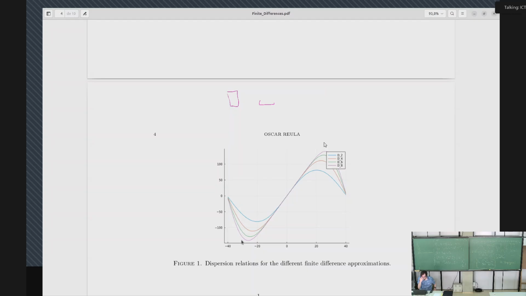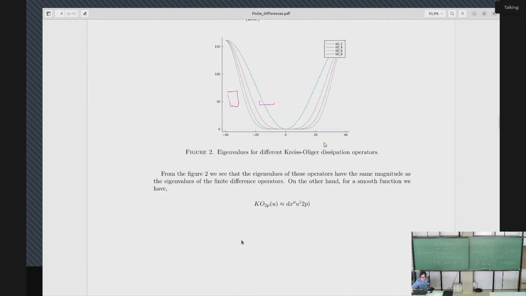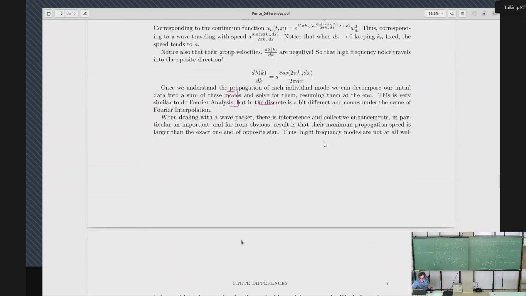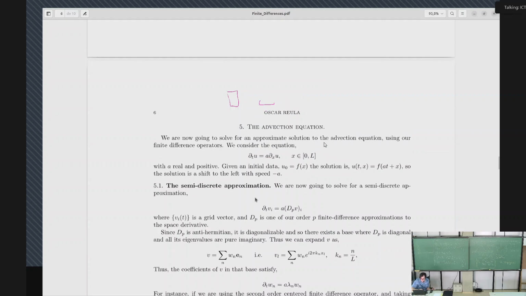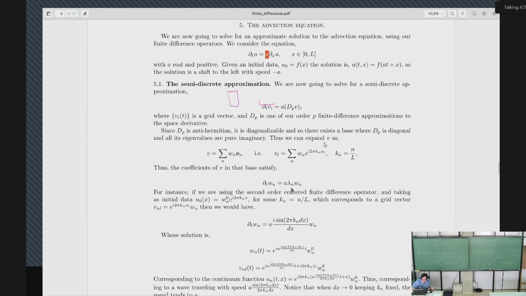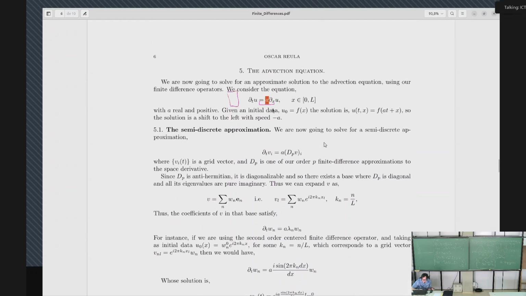High frequency modes will always have some weird velocity that we do not want. Some different eigenvalue, right? So when you actually try to solve the problem, the time derivative of u equals the spatial derivative of u times some velocity a, which in our problem is just a. Here you are putting the derivative operator, the D. Let me erase this part here.